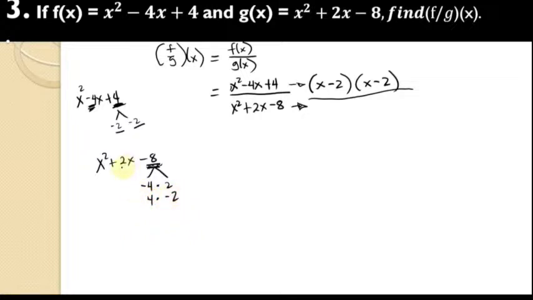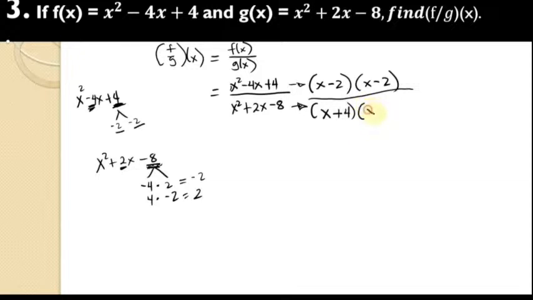But if you add the two numbers, dapat ang result is positive 2. So this one, pag i-add natin ito, that is negative 2. Ito, pag i-add natin ito, that is positive 2. So the two numbers are, okay, negative 2 and positive 4. So that is x plus 4 and x minus 2.